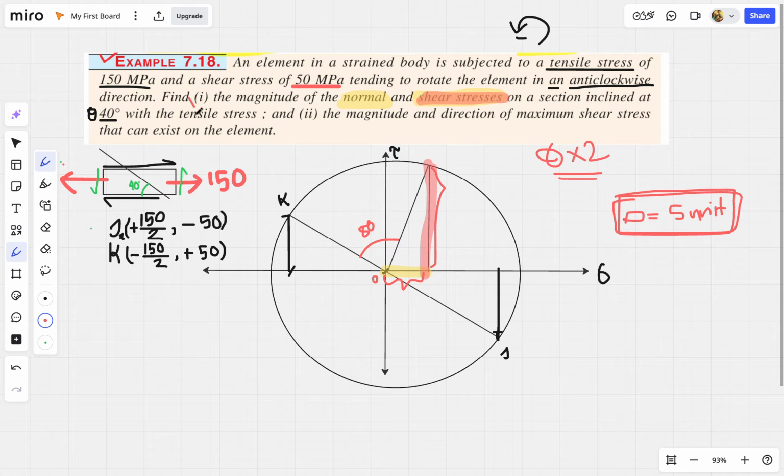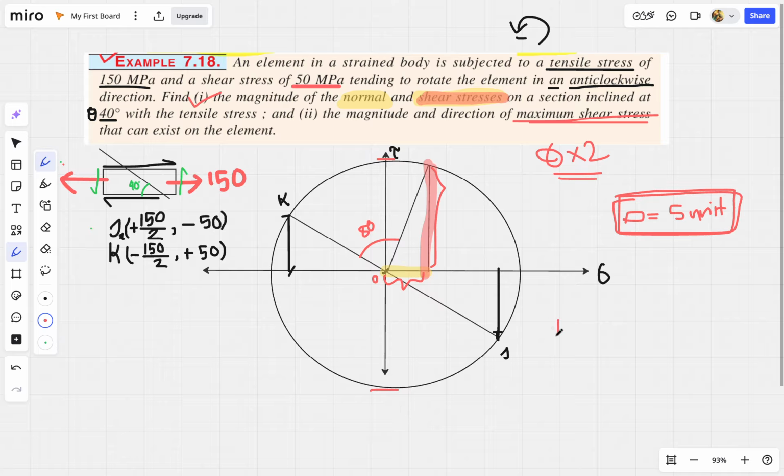After that we have determined this one. Now we have to determine the magnitude and direction of the maximum shear stress that can exist on the element. This is the maximum shear stress, and this one is also the maximum shear stress.